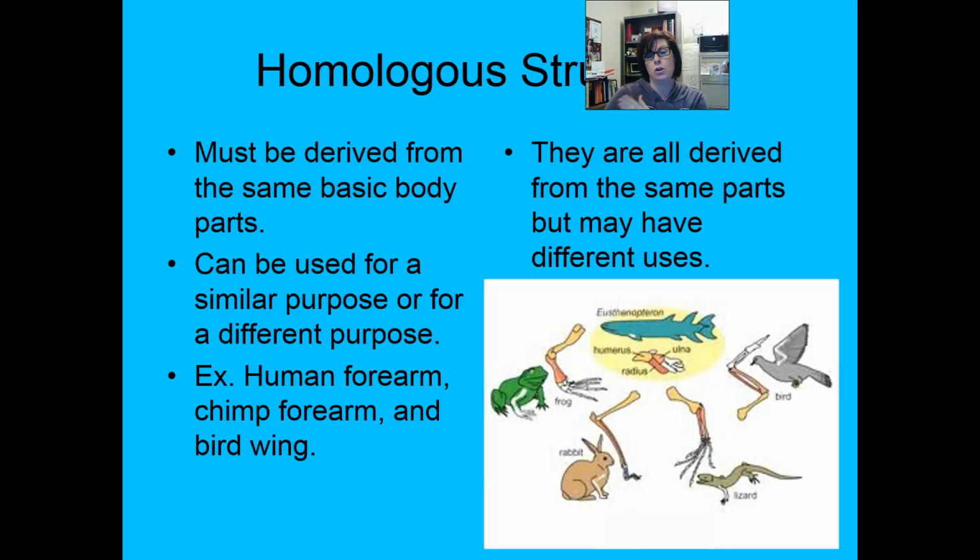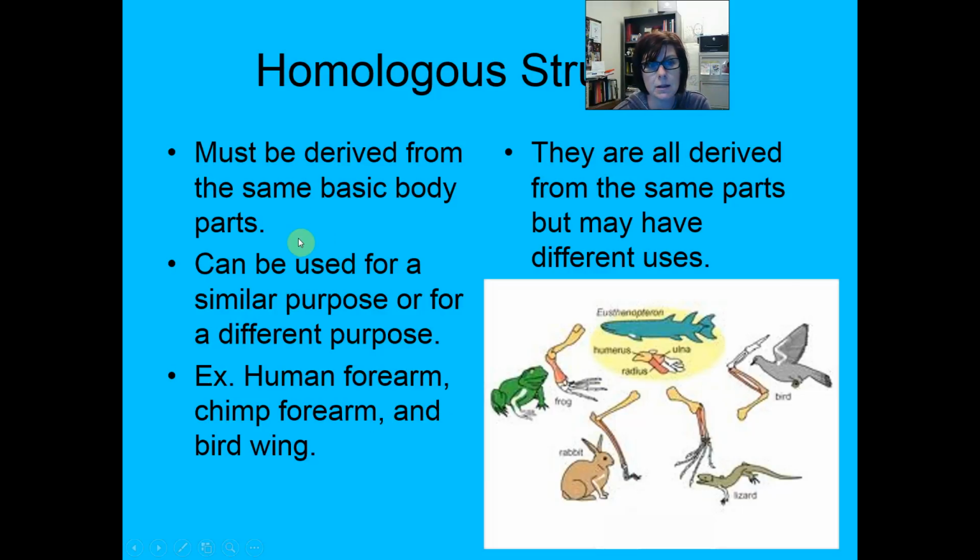So humerus, and then you have your ulna and your radius. In the leg, it's the femur, one, and then the tibia and fibula down below. You look at the hands, you've got the carpals, the metacarpals, and the phalanges.